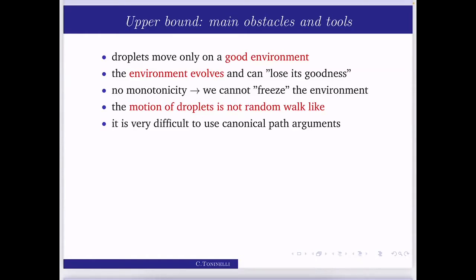So I cannot allow myself to have such a rigid definition. This is at variance with the case for the FA1F, as Milton was asking yesterday. For FA1F, since I have a single empty site, at least I know that at the end, one single empty site will remain. Here, if I use a too rigid definition of droplets, I don't even have them. I can destroy them during my dynamics.